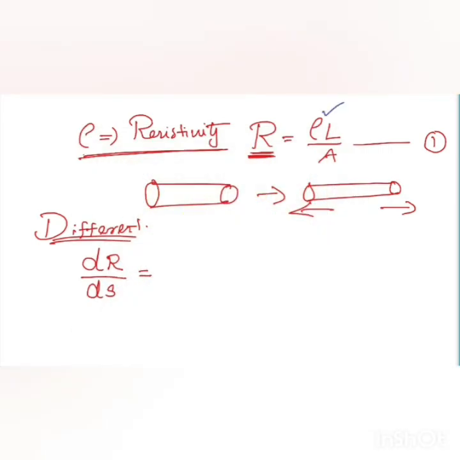If I consider rho, L and A will be constants. So d rho by dS, then plus, the next component L: rho by A, dL by dS.